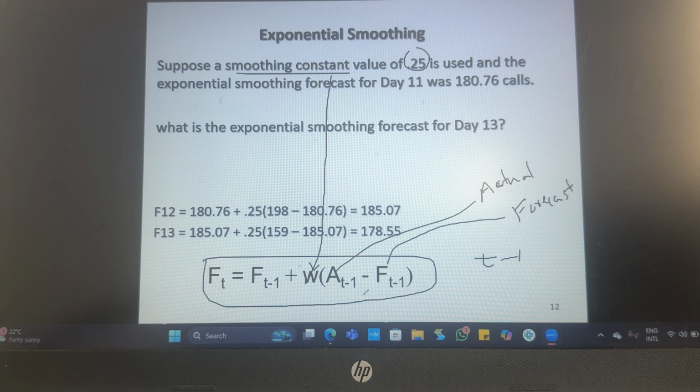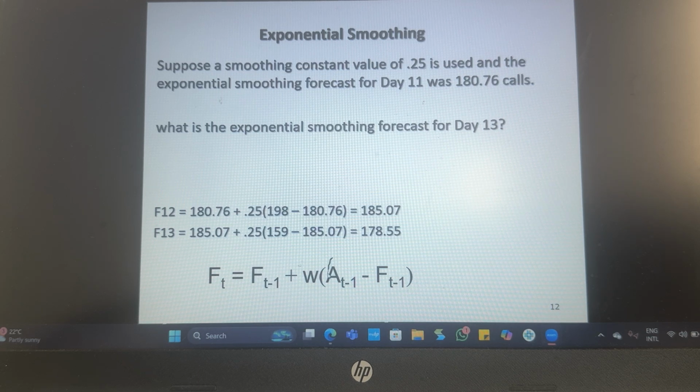These are the definitions, and if you pay a little attention to this one, what is this actually? Within the parentheses, At minus 1, what is it? Actual minus forecasted. Okay, suppose that now we are in 2025. What is t minus 1?